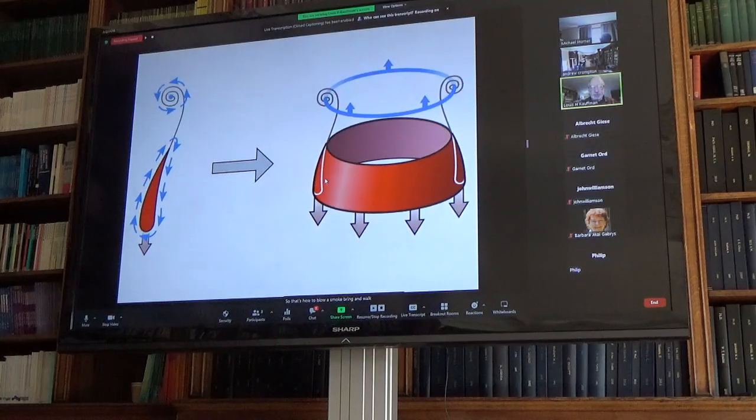You can do the same thing by having smoke in your mouth and giving an impulse so that instead of moving your mouth backward, the air moves forward, the smoke moves forward across your lips, and then the smoke ring comes out as a vortex.